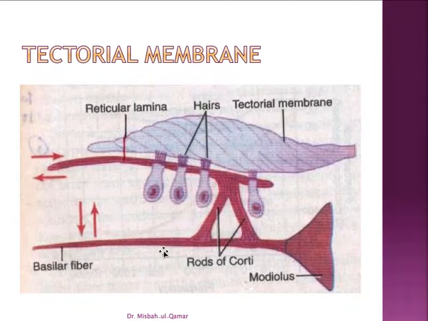This tectorial membrane forms, you can say, the roof of the organ of Corti, and you see that it is in contact with the processes, the stereocilia of the hair cells. It is in direct contact with these processes.